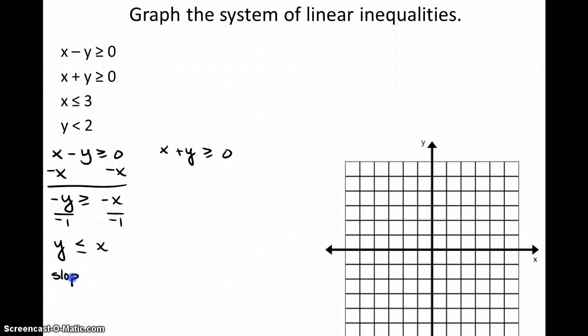My slope, although you can't see it, is 1, and my y-intercept for this equation would be 0. Starting at 0, 0, I'll now go up 1, right 1, up 1, and right 1. Because this inequality is equal to, you will have a solid line.